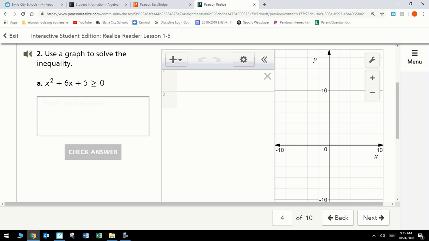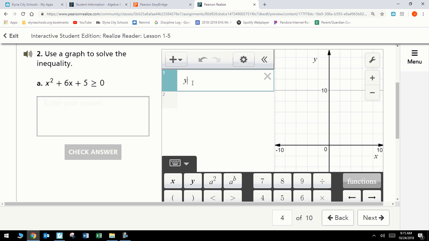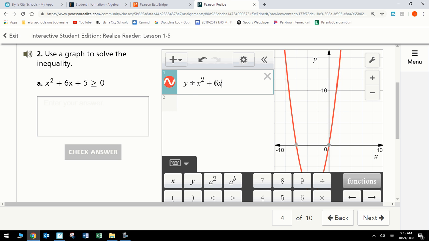I'm going to graph the left side of this equation. Right? So on your Desmos, I encourage you to do the same. You have y equals x squared plus 6x plus 5.